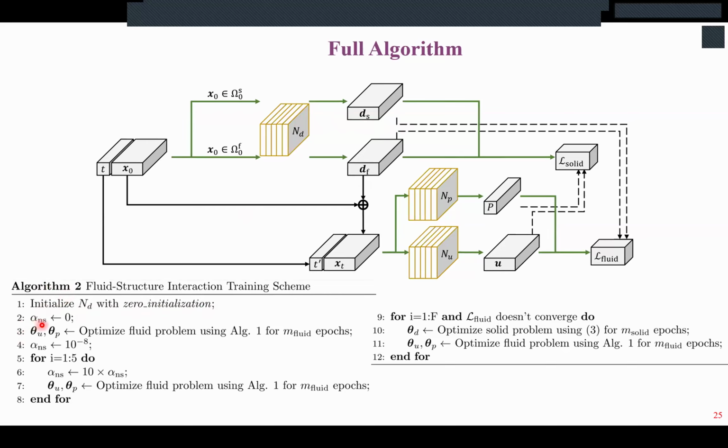Okay, so in step 2, we set alpha NS equal to 0. The loss of fluid includes the Navier-Stokes residuals and also the boundary and initial conditions. Since we set alpha NS, the weighting for the Navier-Stokes residuals, to 0, we are only pushing NP and NU to satisfy the initial and boundary conditions.